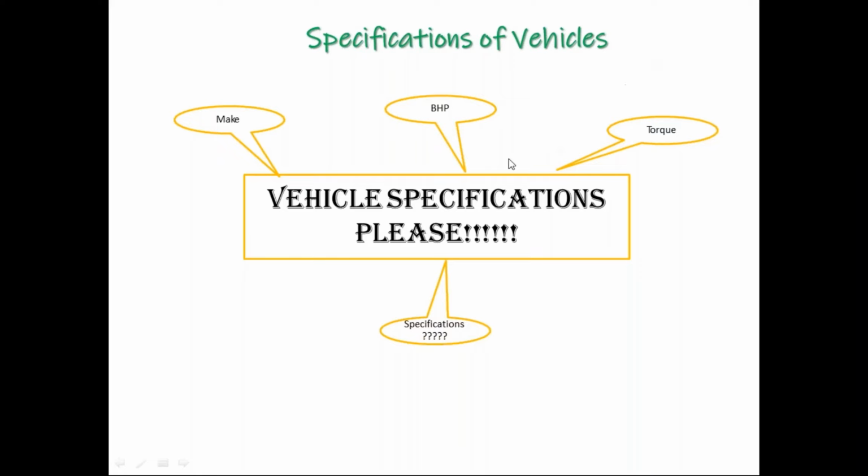Okay, good. So different types of vehicle specifications may be a make or a model. Some of you may like Bajaj, some Suzuki, some Honda for two-wheelers. If you go with four-wheeler cars, you may go for Hyundai, Honda, or Volkswagen, or you may have some luxurious makes related to BMW, Audi, likewise.